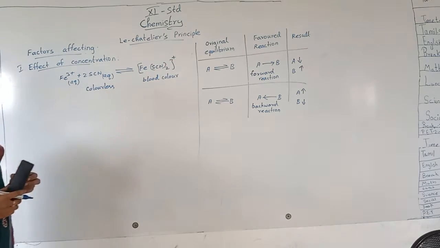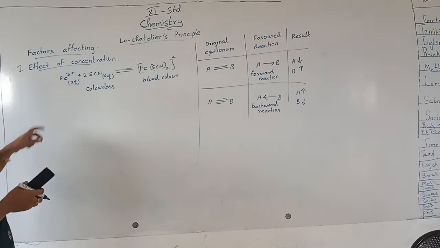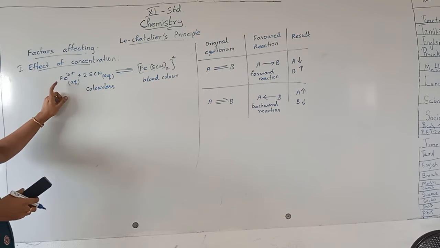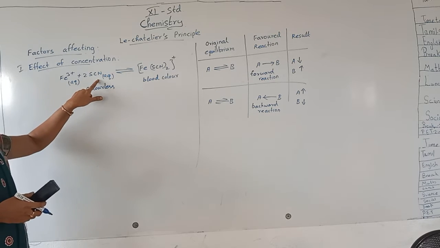In this reaction, let us consider the equilibrium reaction: increasing the concentration of the reactant increases the color of the complex formed. So what is the reactant? The iron and thiocyanate are the reactants.